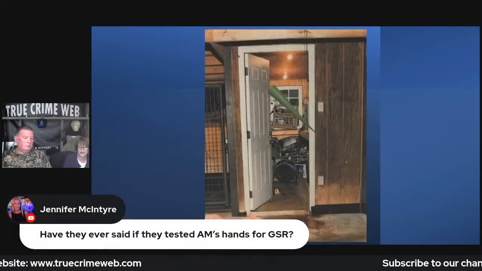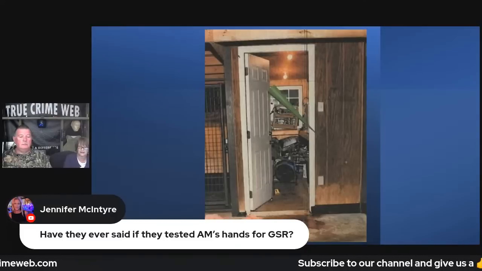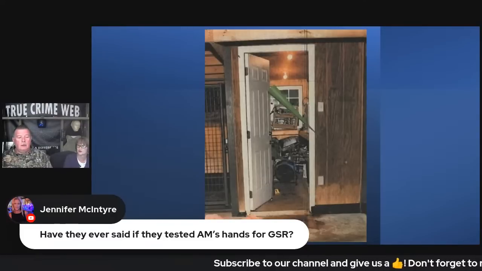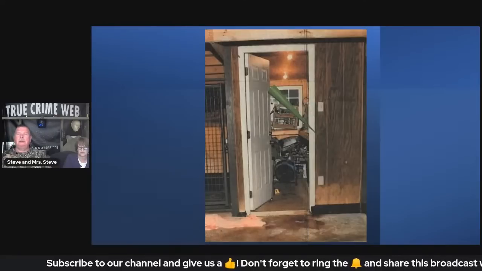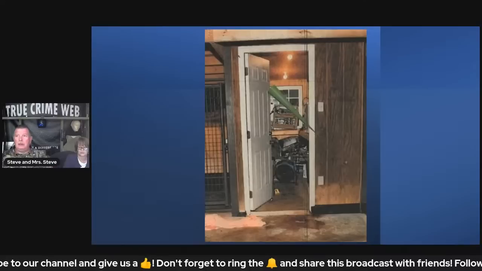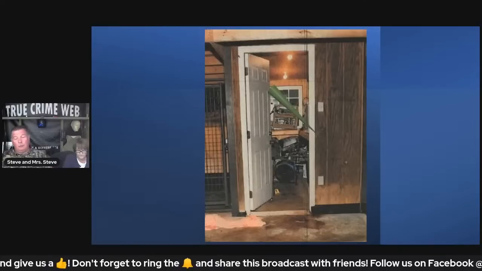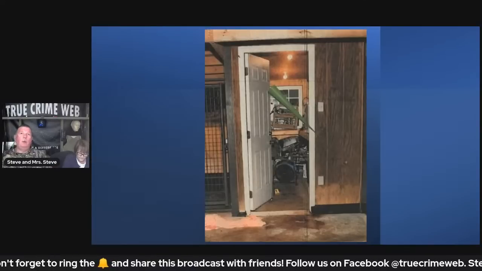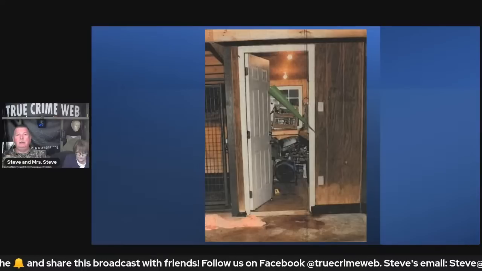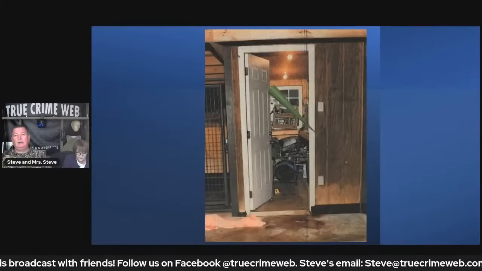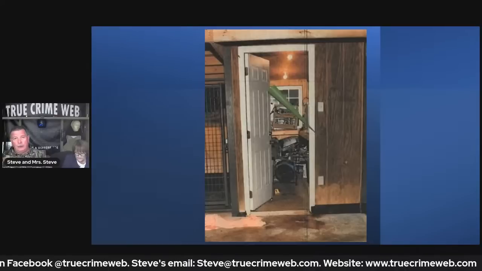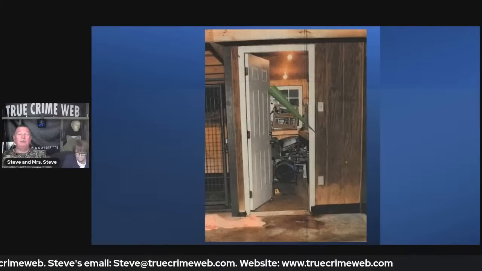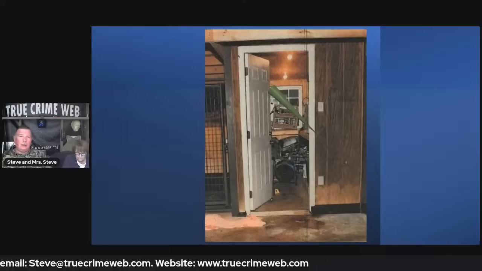And Jennifer McIntyre asks, have they ever said if they tested AM's hands for GSR? Yes, they did. But the part about gunshot residue is that on his 911 call he says he went to the house and got a firearm, and law enforcement reported they recovered a firearm from the scene next to Alex's vehicle, and he handled it. I don't know how freshly fired it was, and plus he's a hunter.